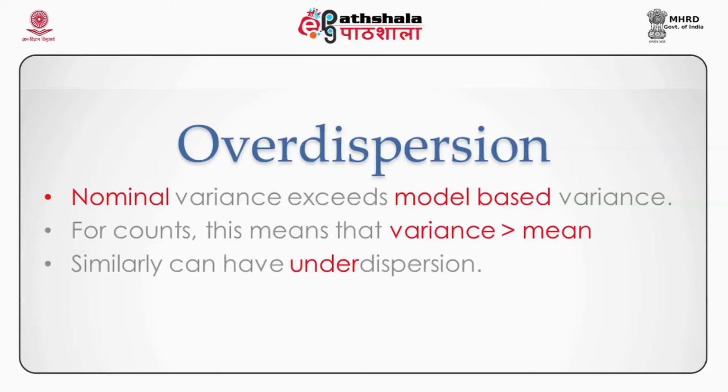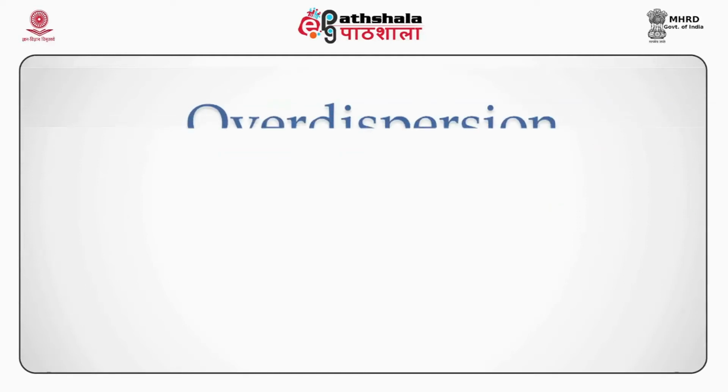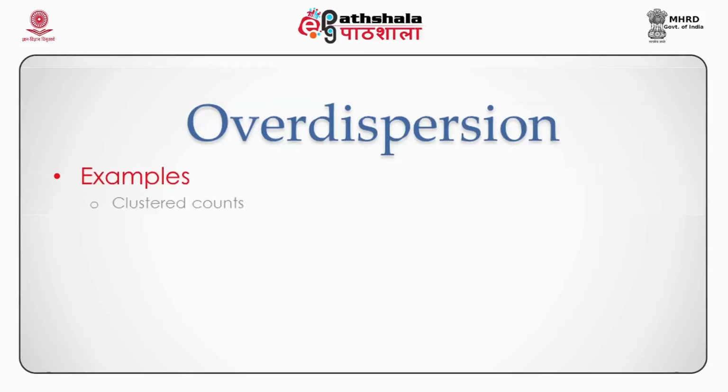So in general, disagreement between the nominal variance and model-based variance is a situation where we have overdispersion or underdispersion, and we shall see that it is in this situation where quasi-Poisson likelihood turns out to be a useful alternative for modeling count data. So examples of situations where we might have overdispersion. The first example is where the entire population is not really a set of homogeneous individuals, but a set of clustered units.